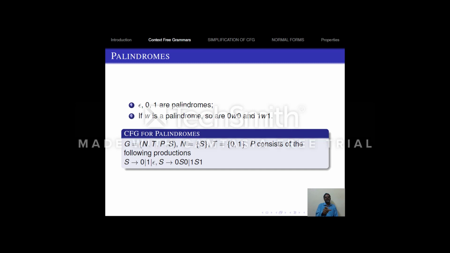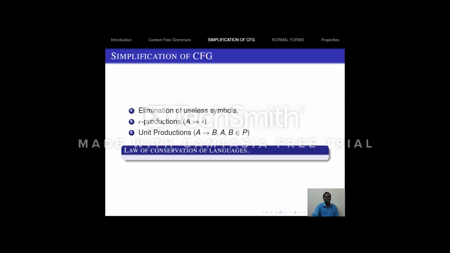So the CFG for palindromes is given by S goes to 0, S goes to 1, S goes to epsilon. We are collectively denoting these with a single production. And here also S goes to 0S0, 1S1. The same logic we applied for WCW reversal: the symbol which comes first should come last.